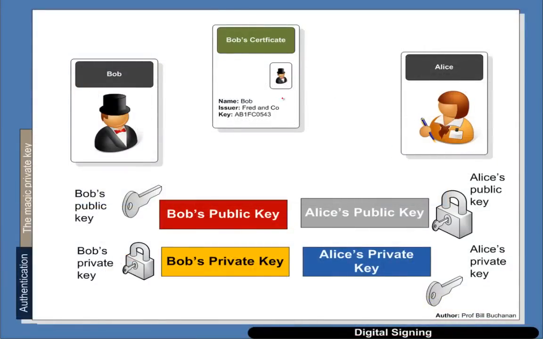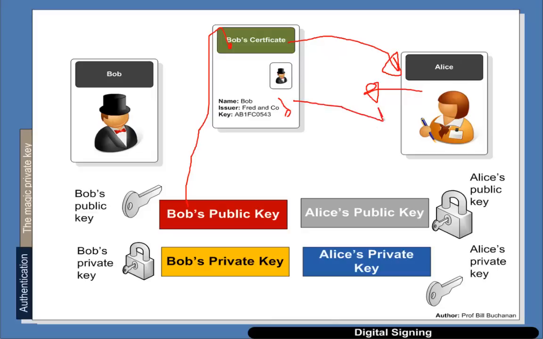And so how do we distribute our keys? Well, one method is to use a certificate. So in this case, if Bob wants to identify himself, or if Alice wants to send Bob an encrypted message, she needs to get his public key. So the certificate is then sent over or is stored in a repository. The certificate contains Bob's public key.